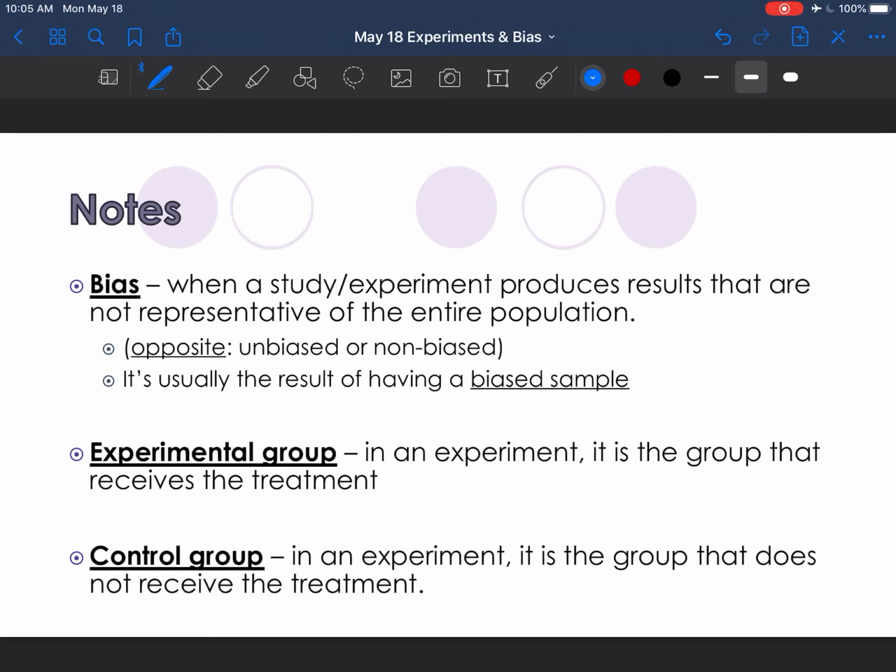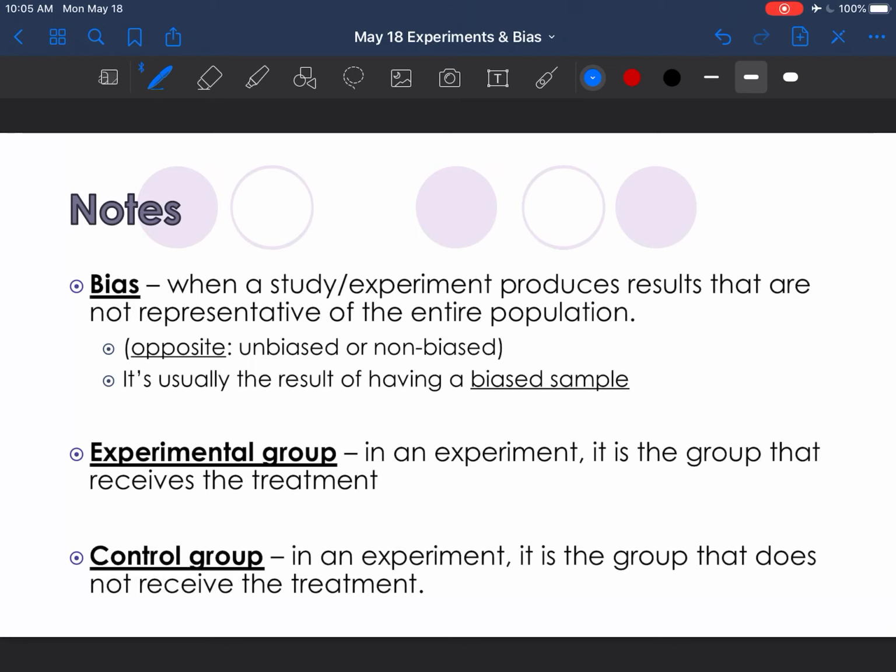So whenever you have an experiment, you're trying to find the effects of something, and you have to have at least two groups. One of them is called the experimental group, and the other is the control group. The experimental group is the group that receives whatever you're testing the effects of. And then the control group gets just normal treatment, does not get whatever you're testing the results of. It's just going to be like the norm.